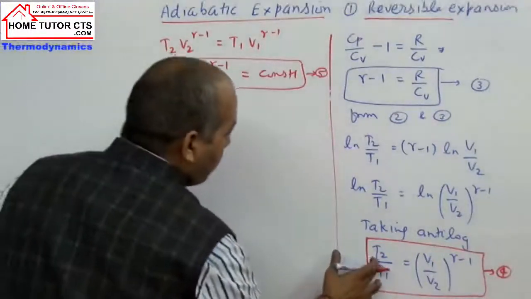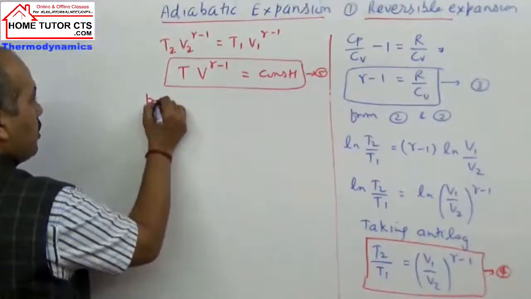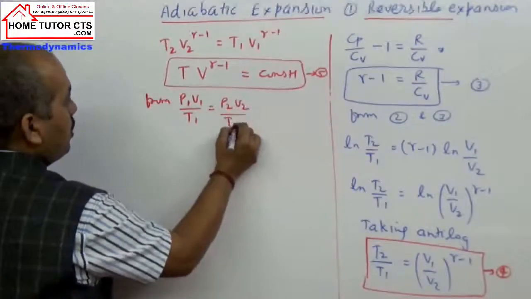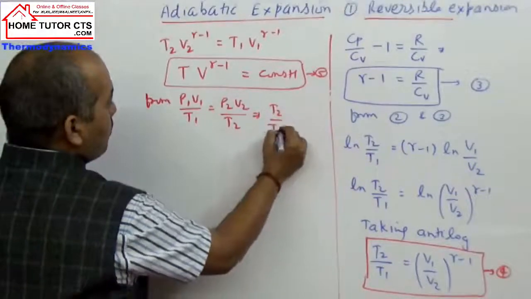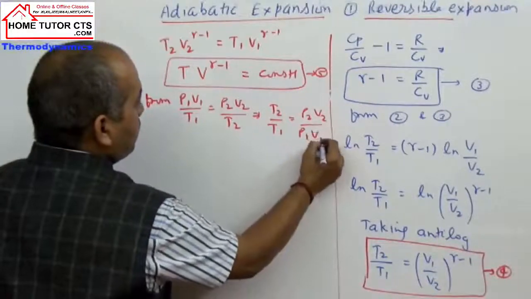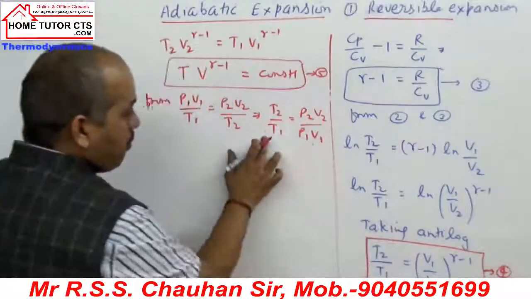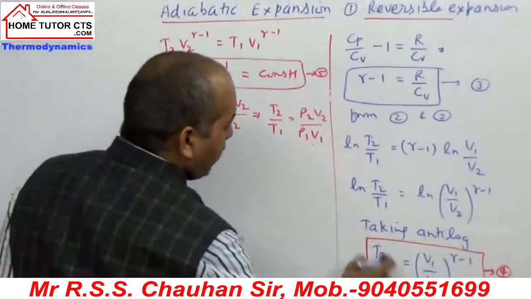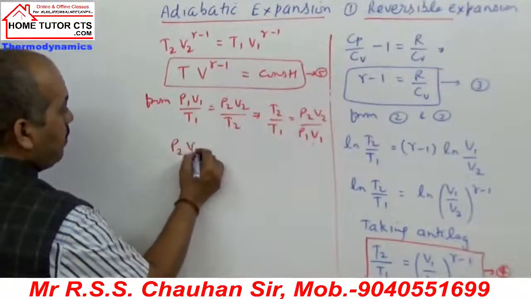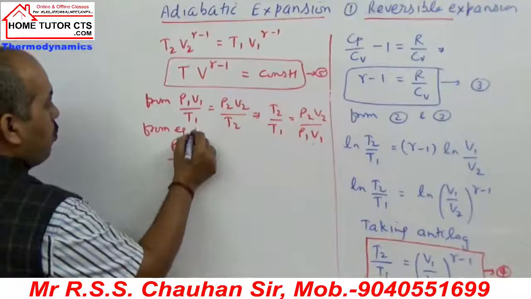If I replace this term from the ideal gas equation, we can write P1 V1 by T1 is equal to P2 V2 by T2. I can write T2 by T1 as P2 V2 by P1 V1. So in expression number 4, I will replace the term T2 by T1 by P2 V2 by P1 V1.